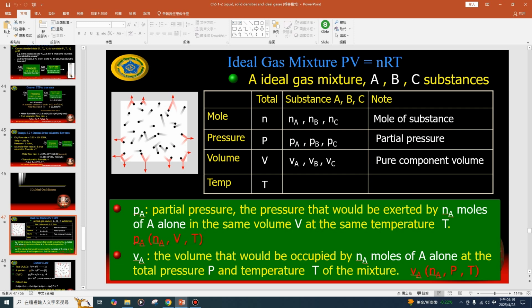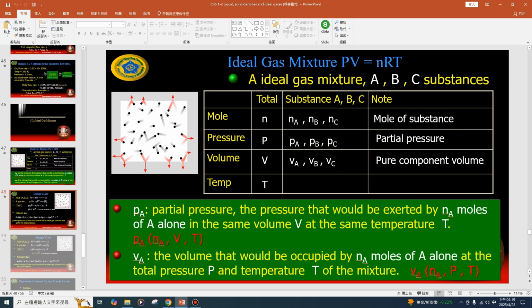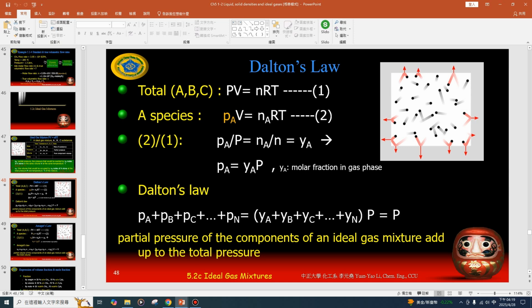So we introduced Dalton's law, and this is what you need to remember: the partial pressure of species A equals the molar fraction of A times the total pressure. This is what we call Dalton's law.